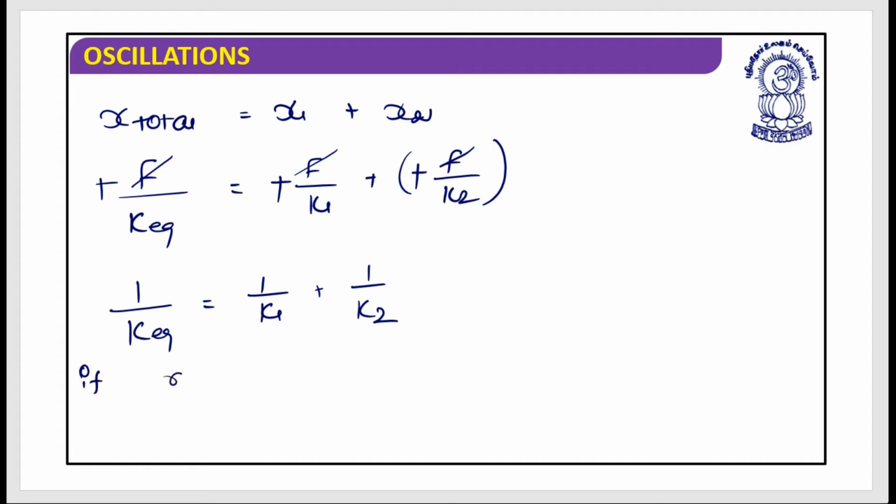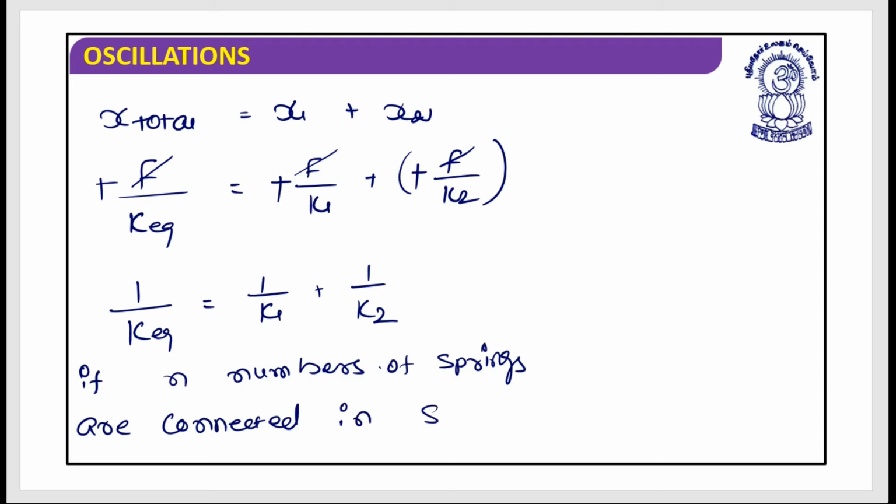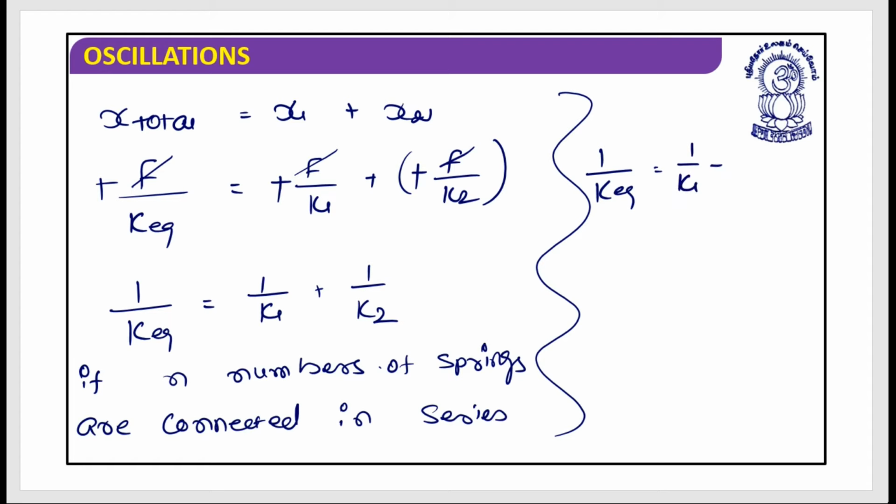So if n number of springs are connected in series, then the situation will be 1 by k equivalent is equal to 1 by k1 plus 1 by k2 plus 1 by k3, and so on up to 1 by kn.